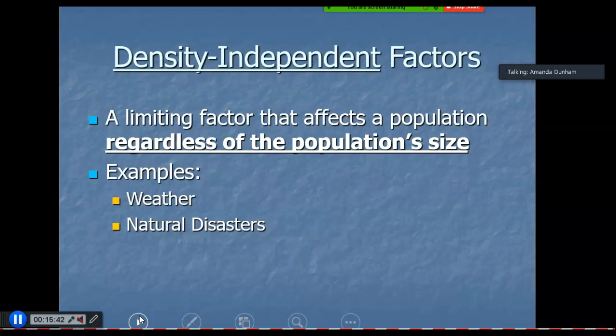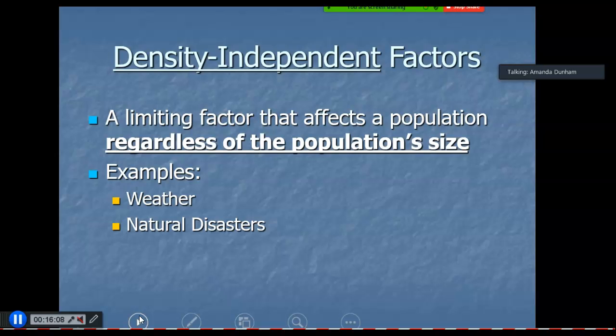Some density independent factors that will limit population growth are weather and natural disasters. These are limiting factors that affect the population regardless of the population size. A hurricane's going to come through and wipe out the town, whether it's 100,000 or 100. It doesn't depend on the population size.